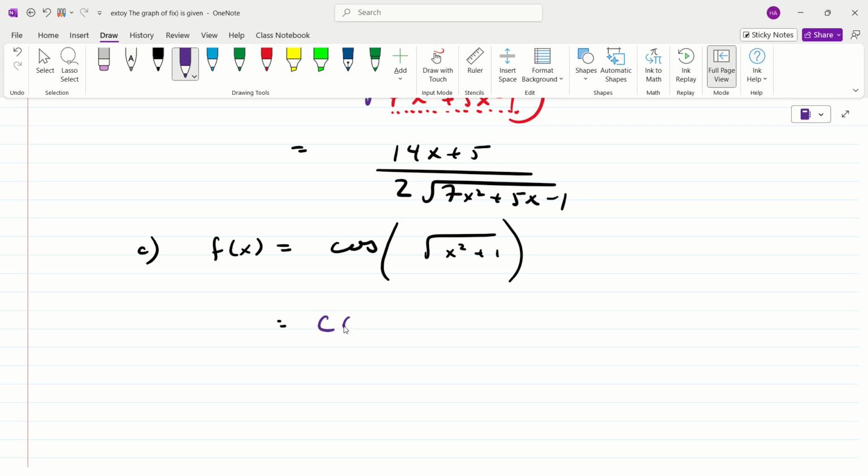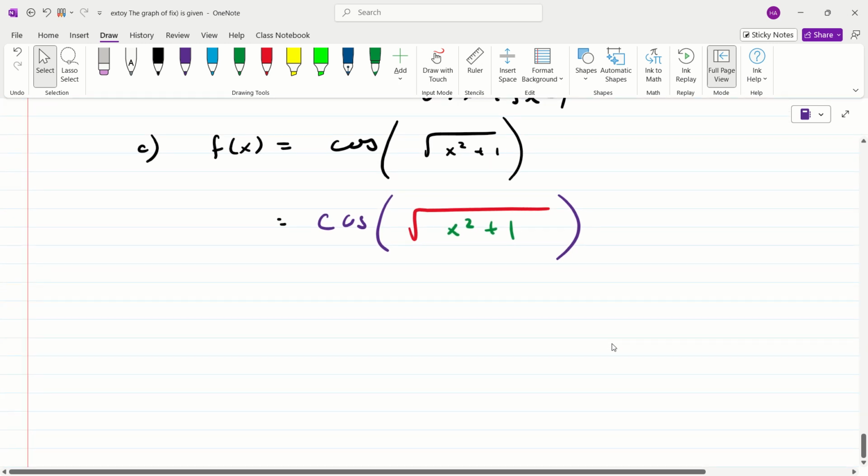For my outer function, I'll have the cosine, clearly. And as I work my way inwards, I see a radical. And if I work my way further inwards, I see an x² + 1. So it's the derivative of a composition of 3 functions.